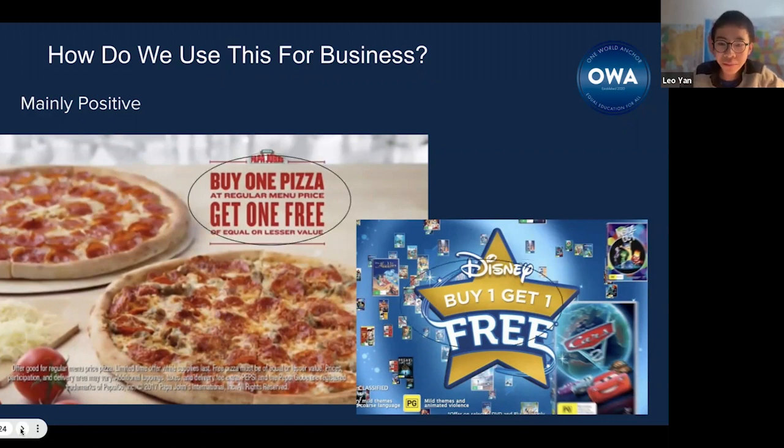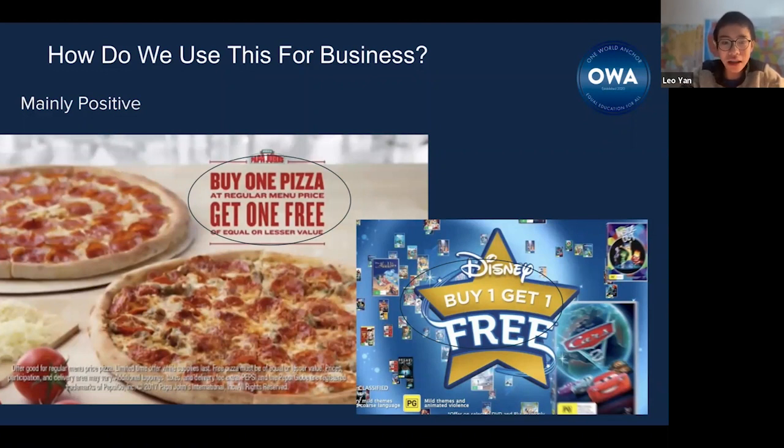So as you can see in these two commercials, it all contains a positive incentive. For the first one, it says buy one pizza at regular menu price and get one free of equal or lesser value. So this one right here is a positive incentive because they're giving you an incentive to buy the pizza. So what's the incentive?